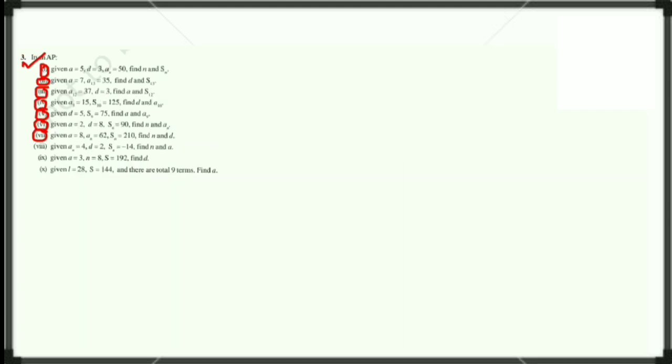Now question number 8, and here is given an, that is last term is 4, d, that is common difference is 2, Sn, that is sum of this AP is minus 14, and here we need to find n, that is number of terms, and a, that is first term.